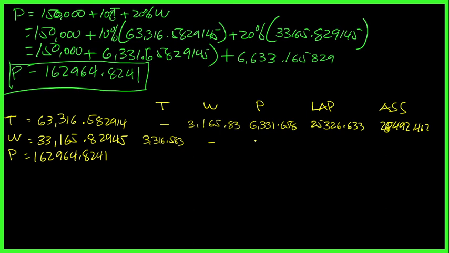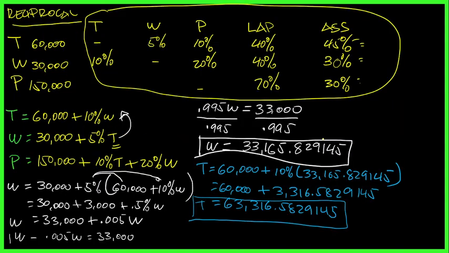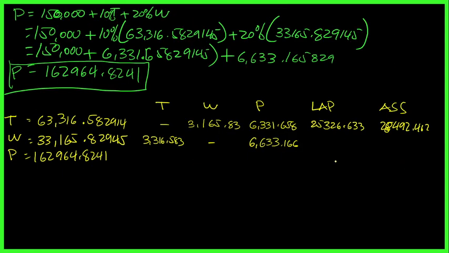20% of that will be, okay, that will now be 66,633.1616. Tapos this one will be what rate? 40 and 30%. Okay. So multiply natin to ng 40.